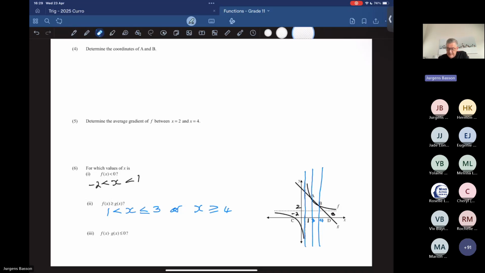So let's look at the product. This product's got an equal. Remember what I said before, we want to draw the lines at the x-intercepts, but also we draw a line at the asymptote. So there's the one x-intercept, there's the other one.